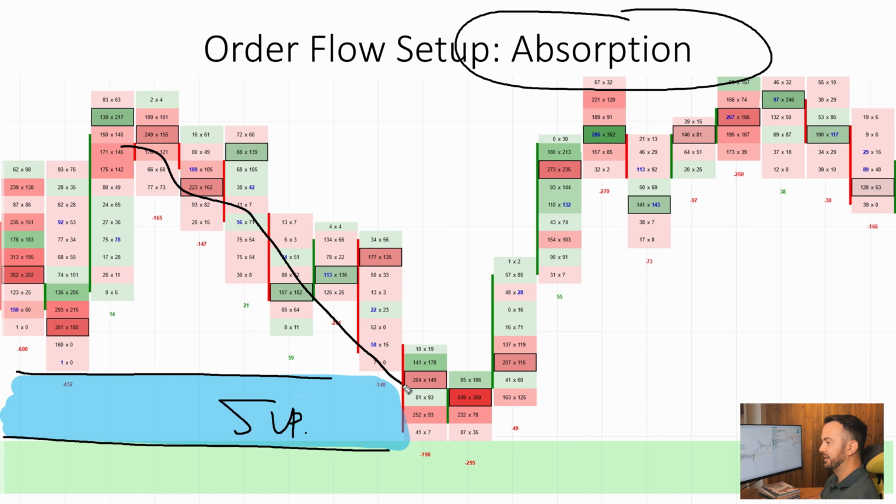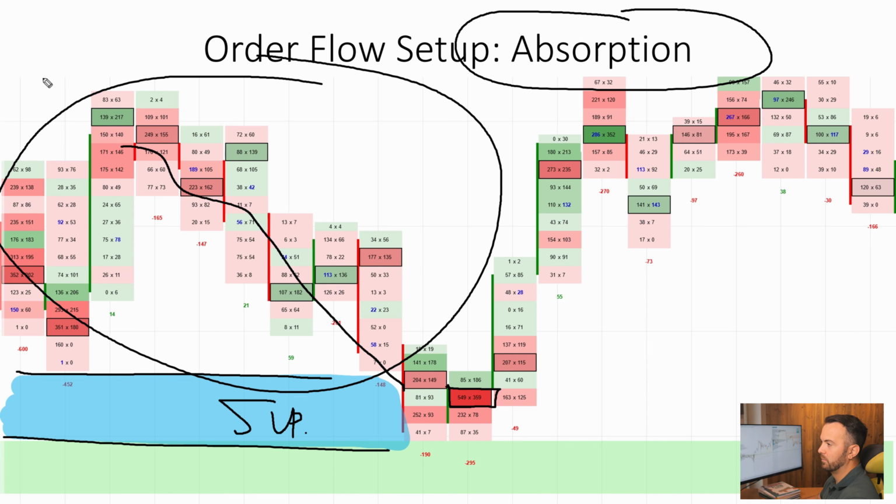The price reaches that level, or that support zone, I should say, and unusually huge volumes start to appear, especially in this high volume node. 549 at bid and 359 on ask, right? This is something out of ordinary if you compare it, for example, with this area. So something out of ordinary appeared at that support. This is telling you that buyers are buying everything the sellers had to sell here. That's why the price stopped.